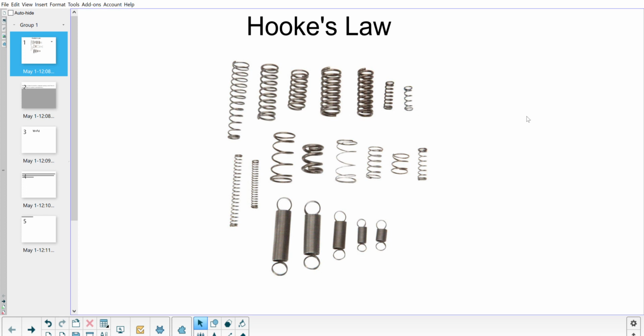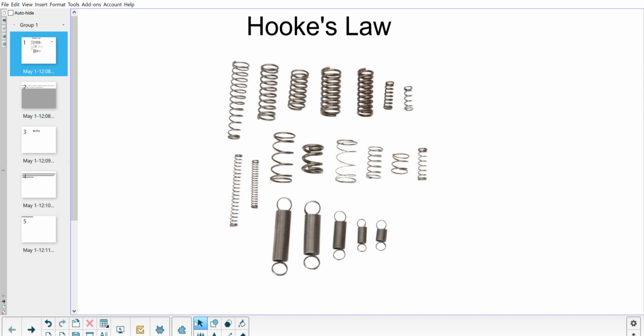Okay, today's lesson is a short lesson called Hooke's Law, and it has to do with springs and the force it takes to push or pull on a spring. So in this picture, I have a bunch of different springs, and you can see that these springs are all at what we would call their natural length, as in nothing's being pulled on the spring, nor is the spring being pushed on.